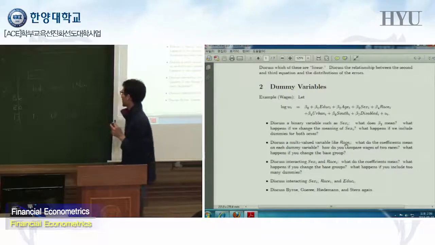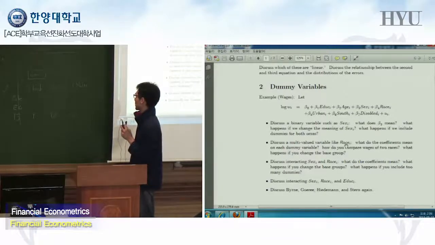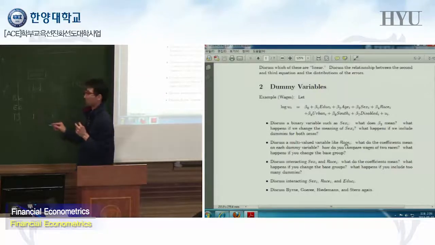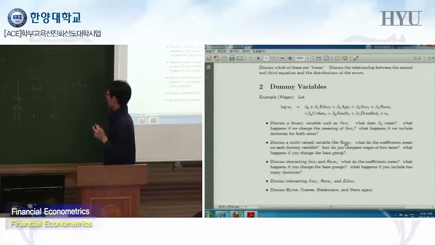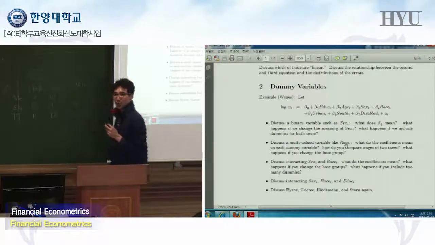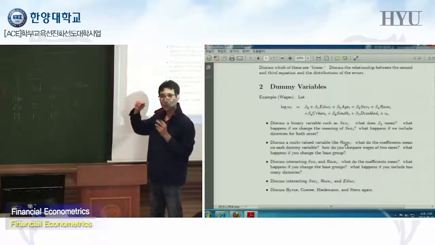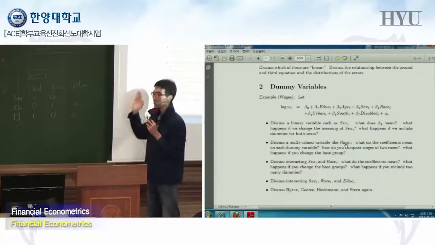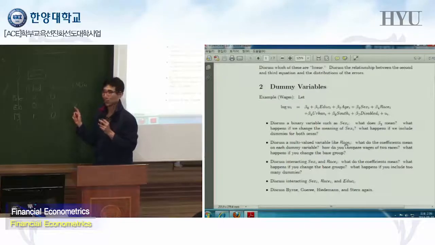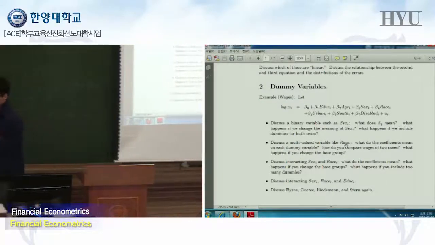If 최보경 학생 is white, then she is definitely not black, not Asian, and white. If 이은하 학생 is Korean, then she is not black, Asian, or white. So we are transforming a multi-valued variable into binary: either black or not, Asian or not, white or not. So we can do this regression.